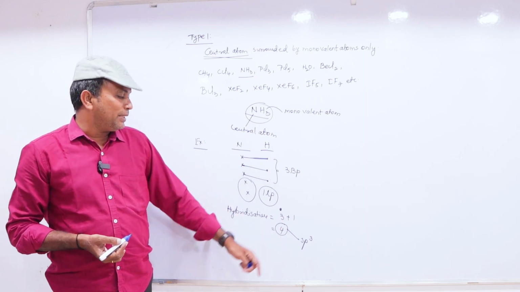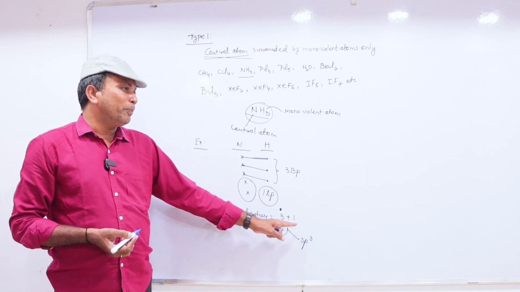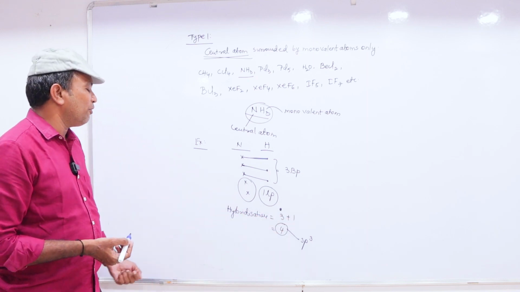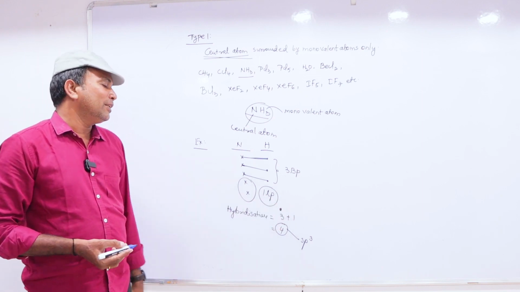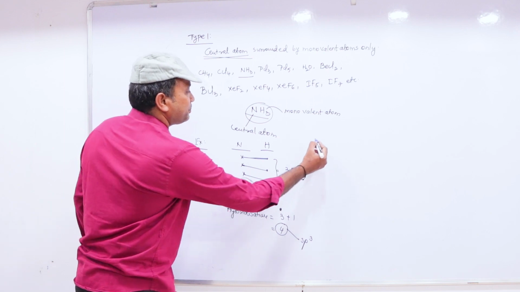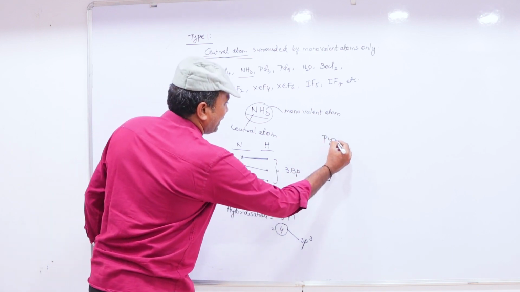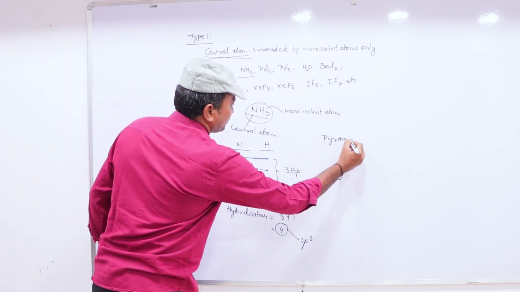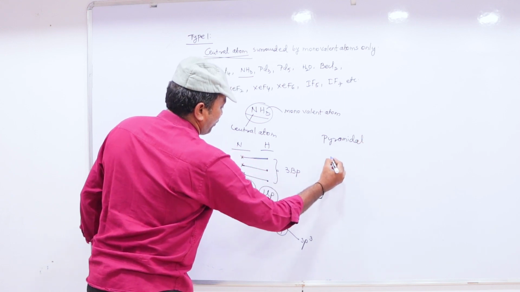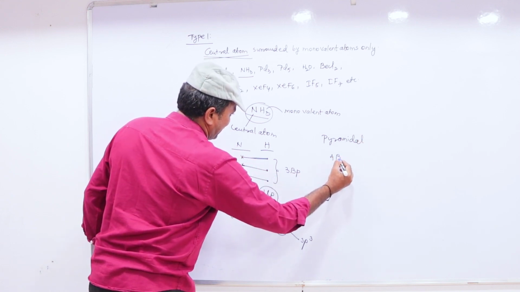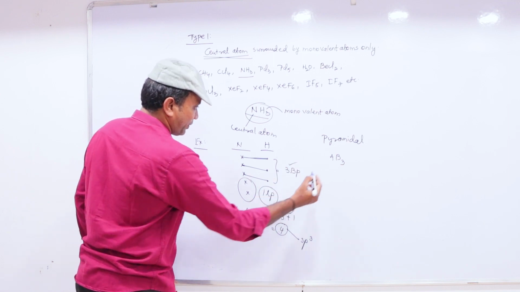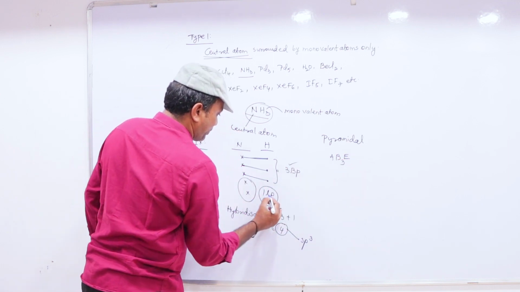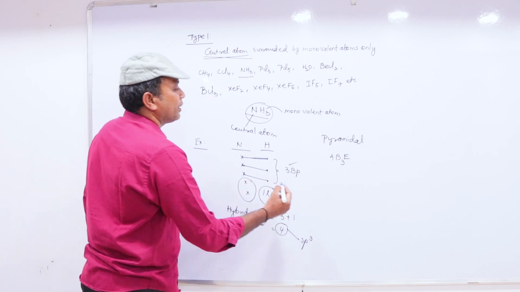According to VSEPR theory, because of bond pair and lone pair repulsions, the shape of the molecule changes. Here with 3 bond pairs and 1 lone pair, the shape is pyramidal. Type of the compound: A is the central atom, B3 is 3 bond pairs, E means one lone pair.